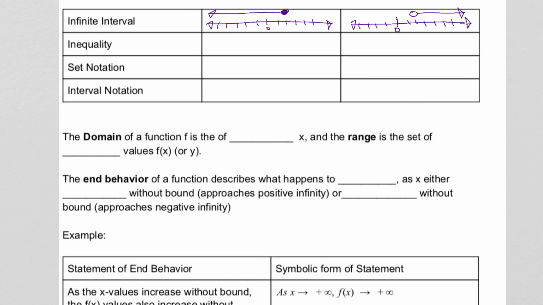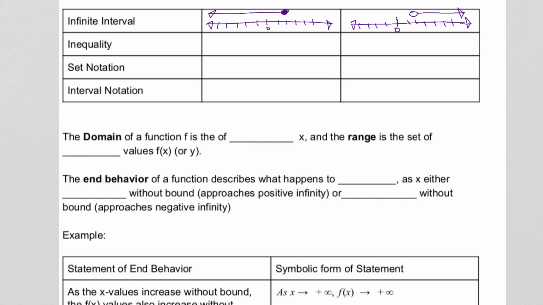So here we go. The previous intervals we looked at were finite, and they were bounded on two sides, and that's what it means to be a finite interval. But these other ones are infinite intervals, and they are unbounded in one direction.